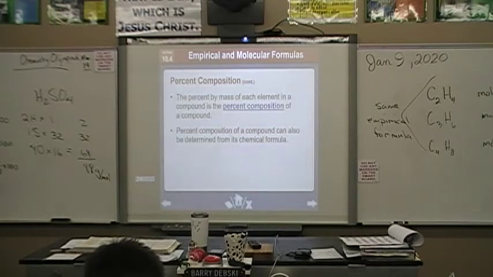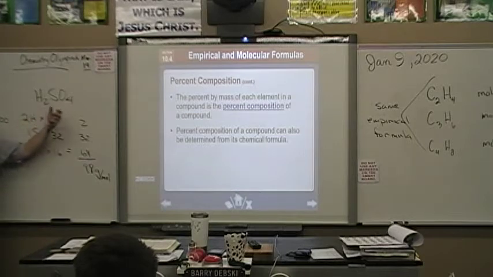So that's your percent composition for each of the elements inside here. I think you saw in last night's homework there's a couple problems like this, and I didn't realize we hadn't gone over that. So 2%, 33%, 65%. We would say sulfuric acid is 2% hydrogen by mass, 33% sulfur by mass, and 65% oxygen by mass.